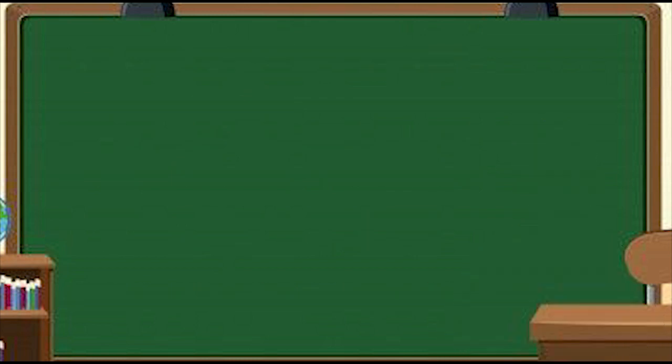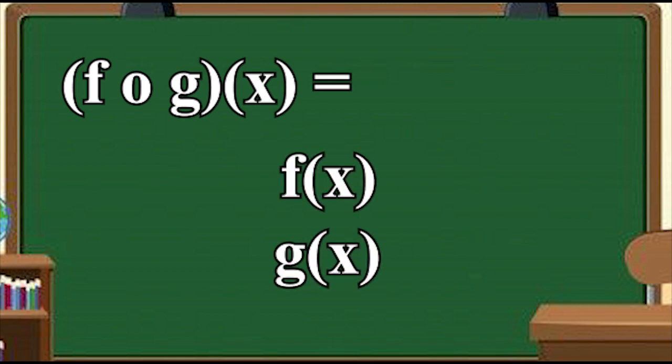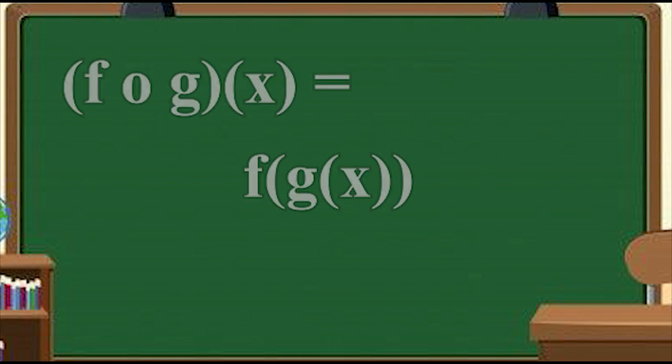By simple explanation, if we have f composition of g of x, this means that we need to substitute the function g of x into the x value or domain of the function f of x. Confusing? Let's have an example for that.